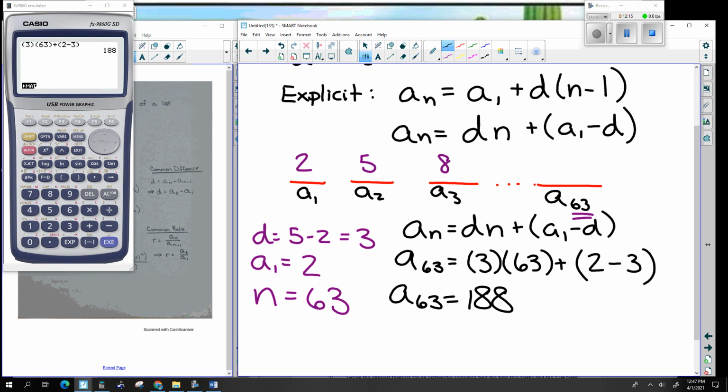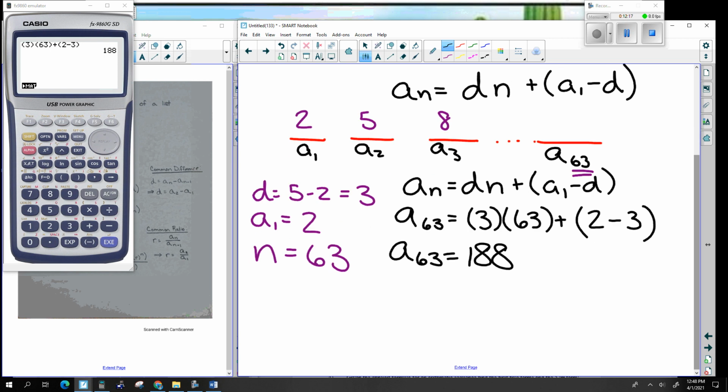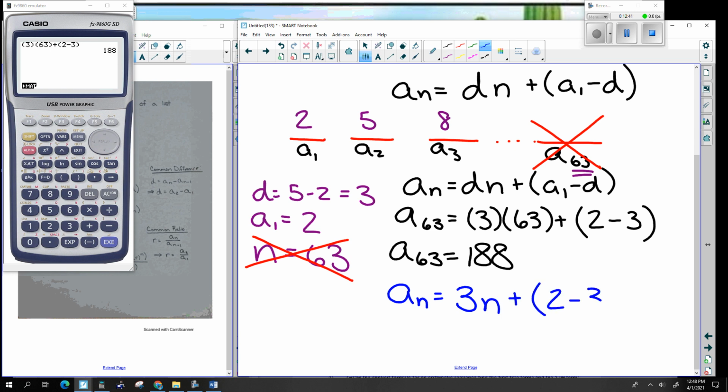If they want the explicit formula, what that is asking for you to do is this. You're not looking to jump to any specific number, you're just trying to jump to a number, and if you're asked to just write the equation, then all the letter n's will stay the letter n. So I see that D is 3, A1 is 2, D is 3.